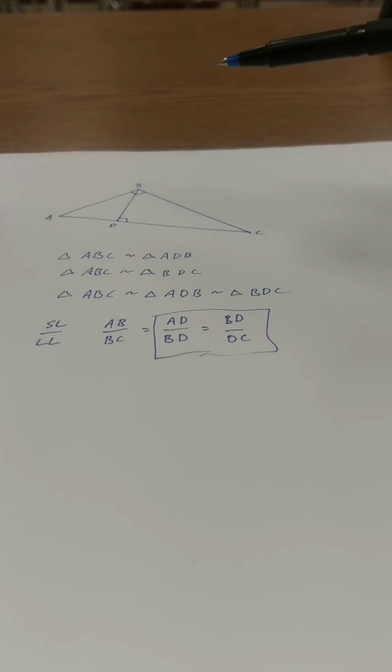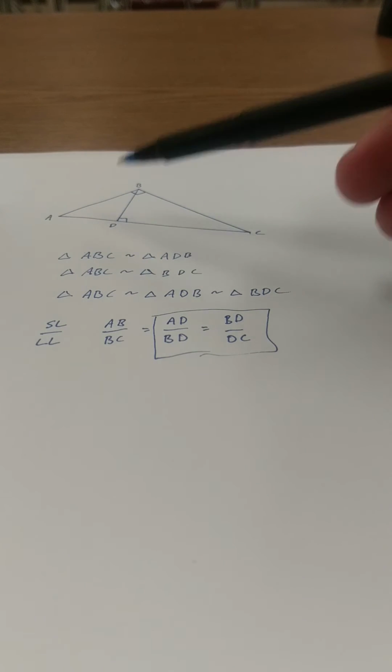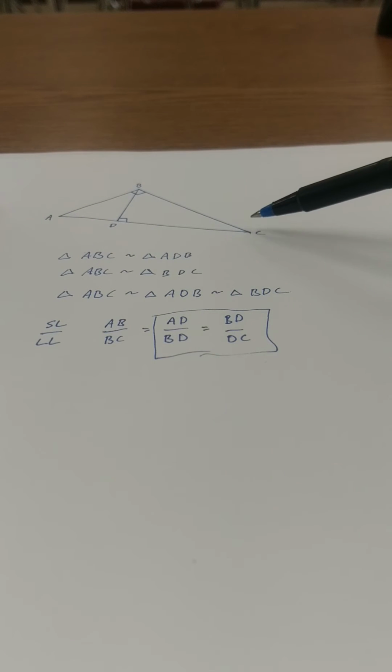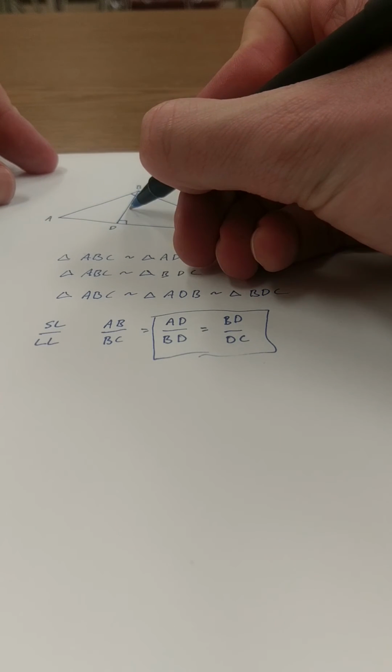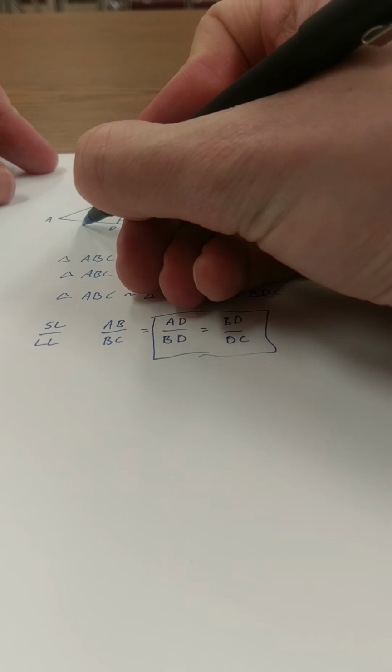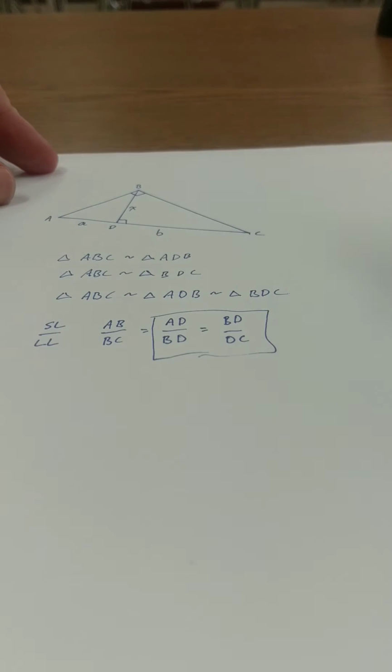And the pieces in the extremes positions are AD and DC. So if we look at this in terms of what's happening in the triangle, what we're finding is that the altitude is the geometric mean of the two pieces of the hypotenuse that it's divided into.